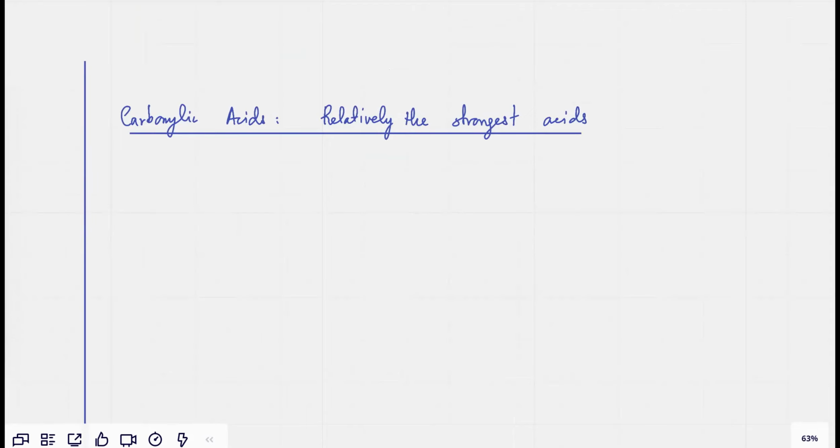The reason for that is that first thing, carboxylic acids are your typical acids. I mean, they behave as acids in every sense of the word. So they show typical acid behavior and properties. If you add litmus paper, it's going to change color. All the reactions are going to be very similar.